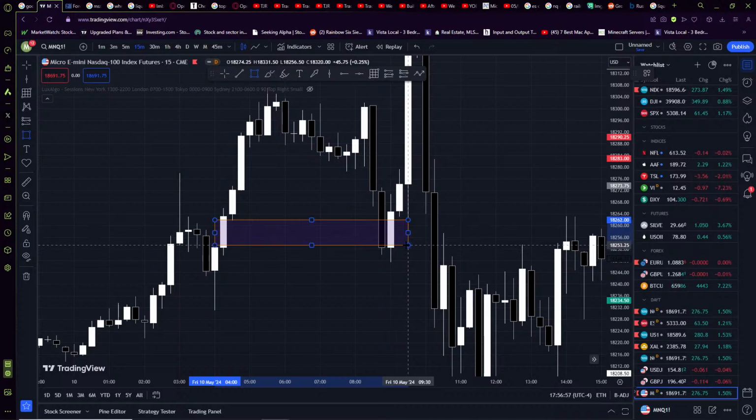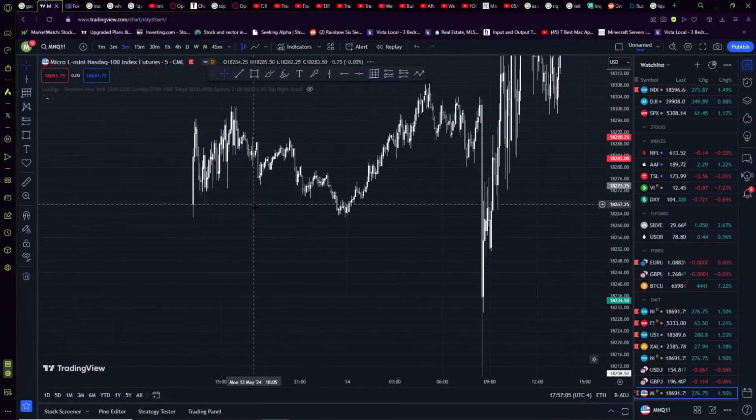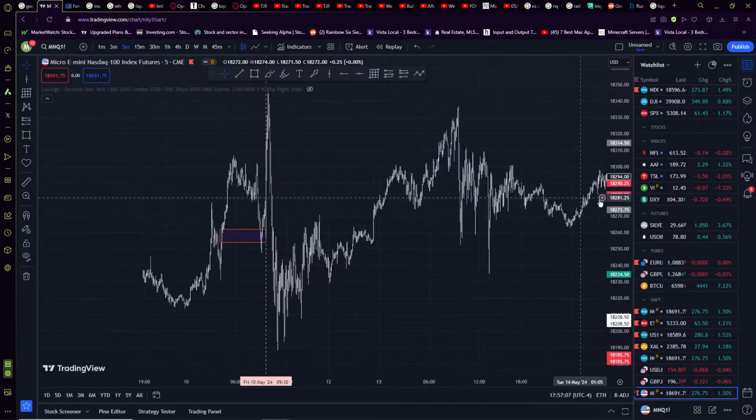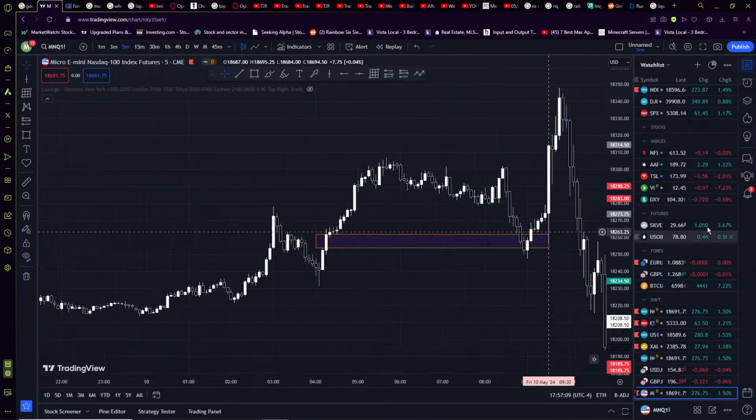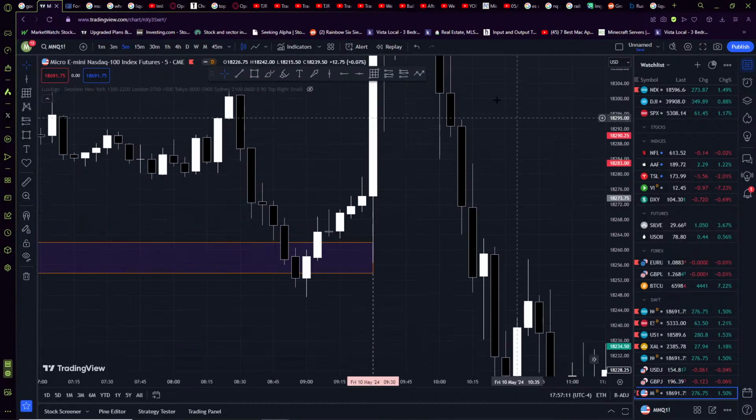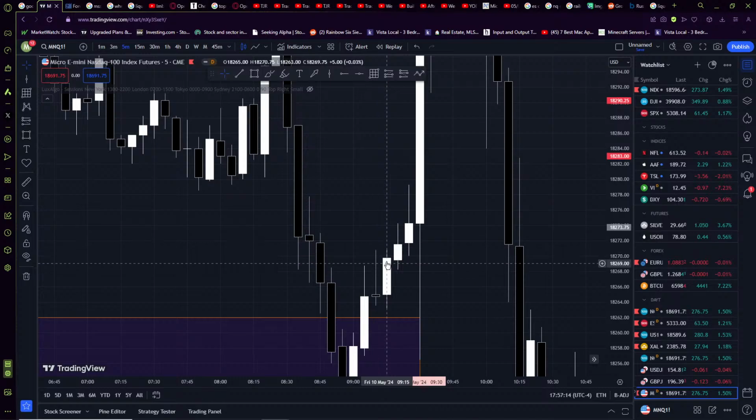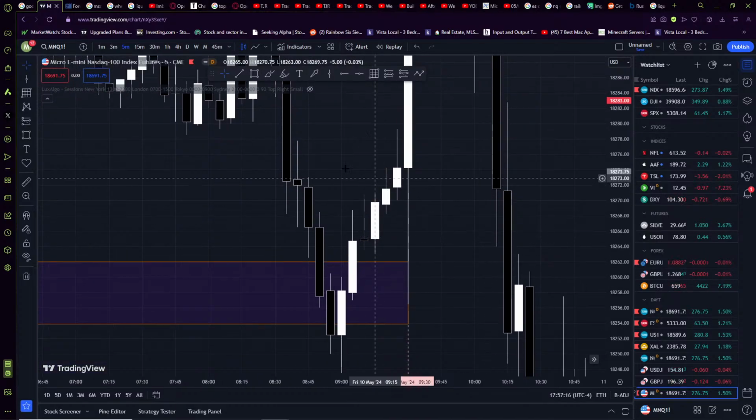We get this fair value gap, right? What does price do? It taps into the fair value gap. Now we can scale down lower, and within that lower time frame, we can look for a break of structure in confluence with this. So where is that break? That's up there. Before we even get that, we don't even need that break because we got a fair value gap that price taps into.